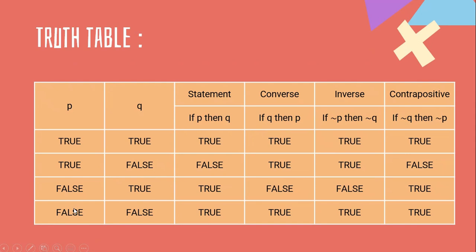If the antecedent is false, then the implication if P then Q is always true, without depending on the truth value of the consequent.